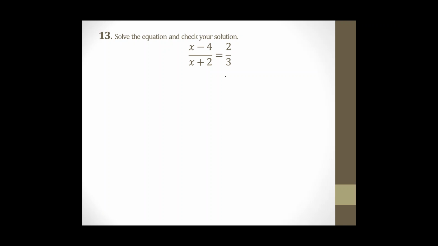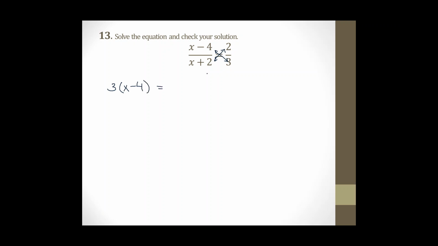Okay, so basically I would consider that even being two proportions. We got a proportion over here and a proportion over there. And the method that you can do it is by cross multiplying. So I can multiply the x minus 4 by the 3. Or 3 times x minus 4 looks better.